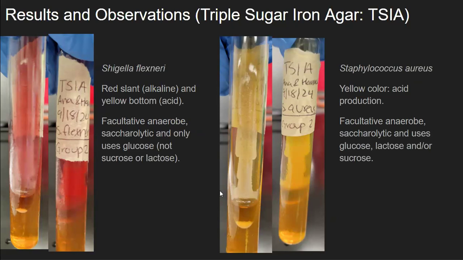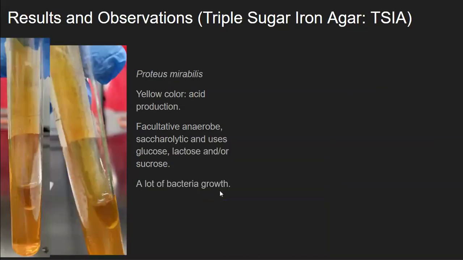Staphylococcus aureus, on the other hand, had yellow color for acid production, indicating that it's a facultative anaerobe, saccharolytic, and uses glucose, lactose, and or sucrose. Proteus mirabilis also had a yellow color to indicate acid production. It is a facultative anaerobe, saccharolytic, and uses glucose, lactose, and or sucrose.